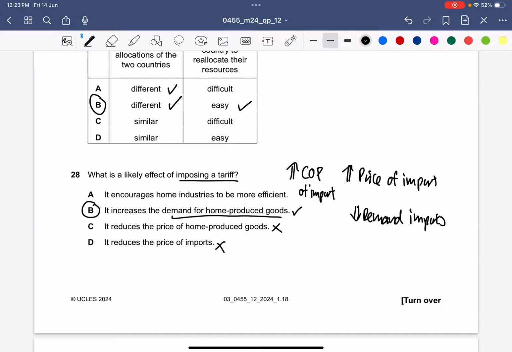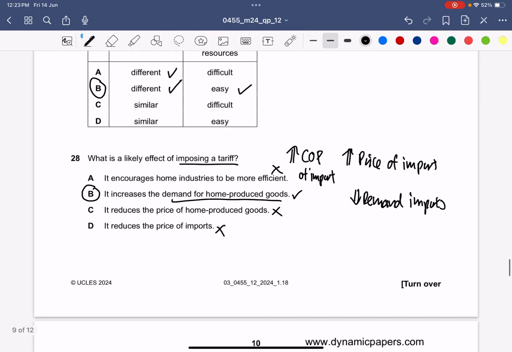Well, we don't necessarily know that, because if the demand increases for the home country, there's a chance the local firm may become inefficient because there's no competition between the foreign companies and the local companies, so they may become inefficient and they may even charge higher prices. So there's an uncertainty in this answer. So yeah, we should choose B.